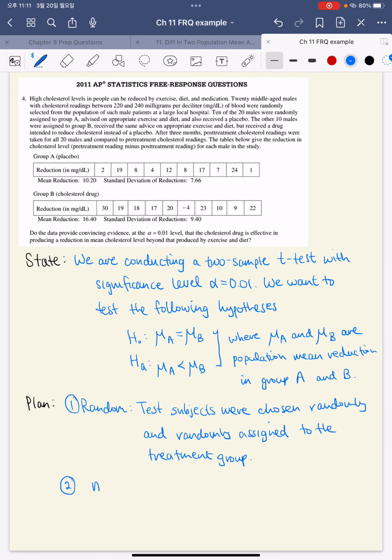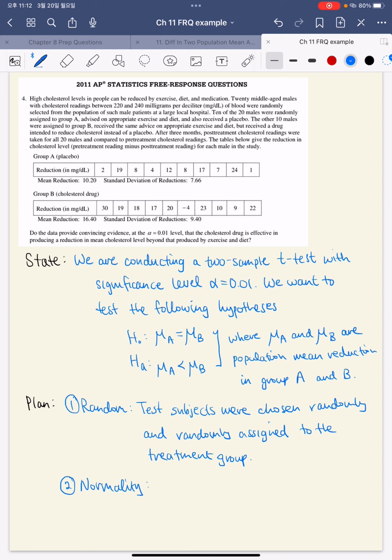Hope you remember this equation right here. But when we are doing this statistical test, we can have as many samples as we want. There are in theory an infinite number of people who can be tested for this cholesterol drug testing. So in this case, we won't be checking for independence, but in other cases we would have to. So we actually only have to check for randomness and normality.